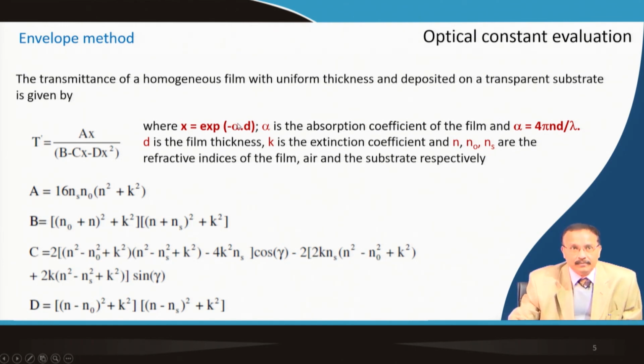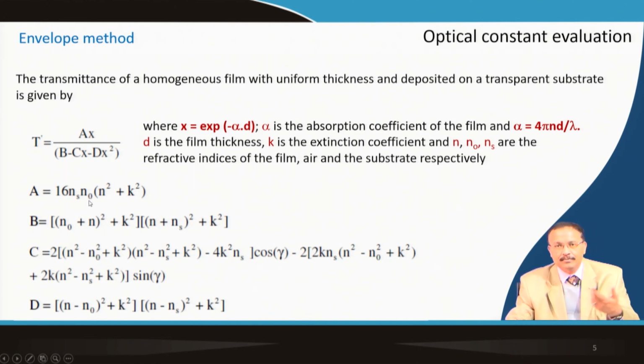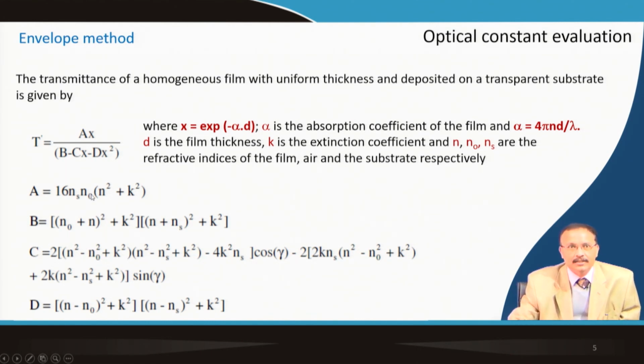So, this A is given by this relation, which uses the refractive index of the substrate and the refractive index of air; the medium I have considered is air. So, N 0 is practically 1, and N and K are the refractive index and the extinction coefficient of the sample that we are studying.